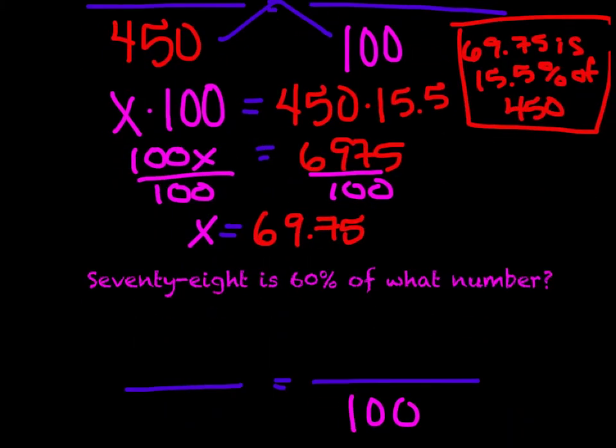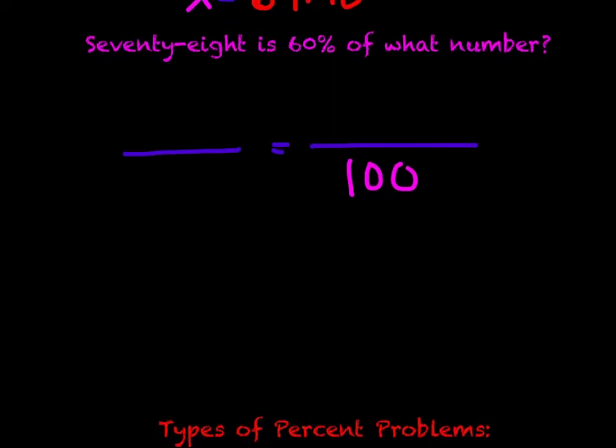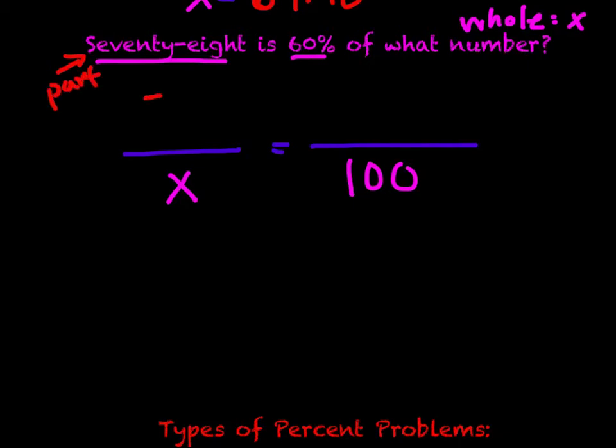Let's try one more type of problem for this particular situation. We have 78. The number 78 is 60% of what number? So this time, we don't know the whole. That is going to be our x. 78 is our part. And the 60% is obviously our percent, so we can say 60.